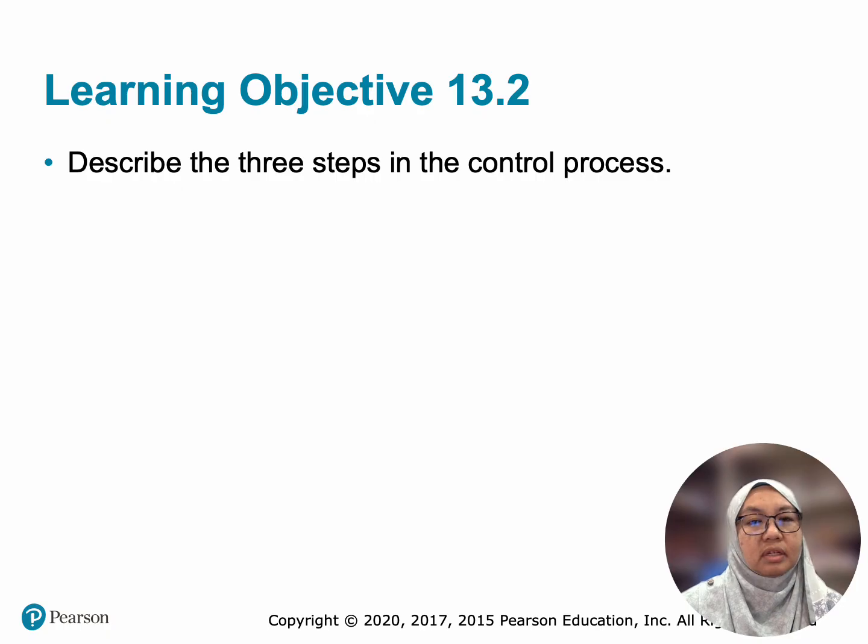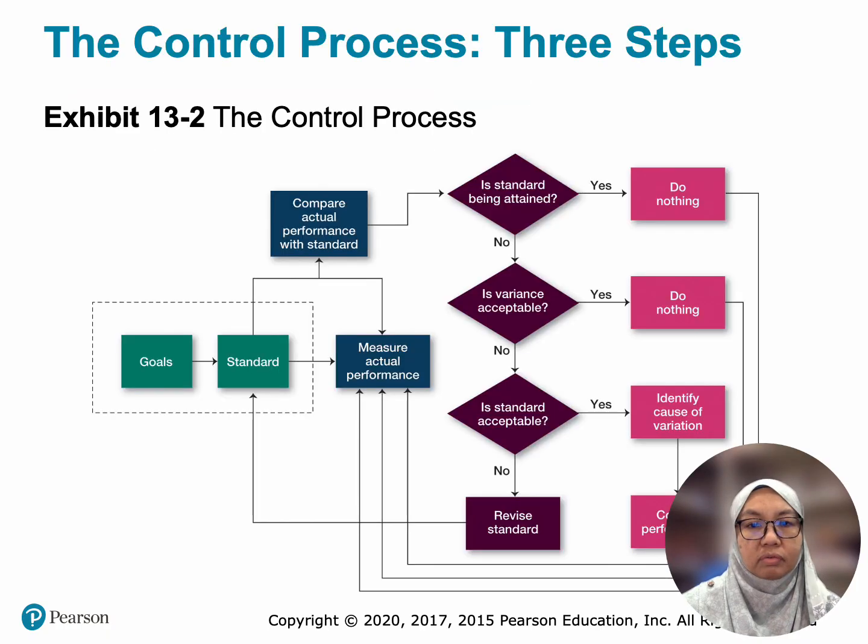In the control process, there are 3 steps involved. The first one is to measure the actual performance. The plan is what we want to do, and when the actual performance has been done, the organization should measure the performance.